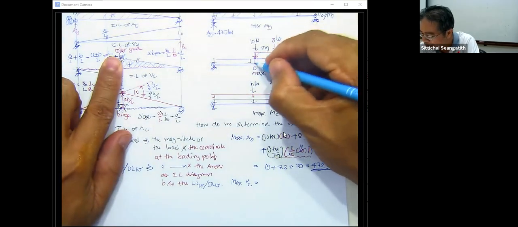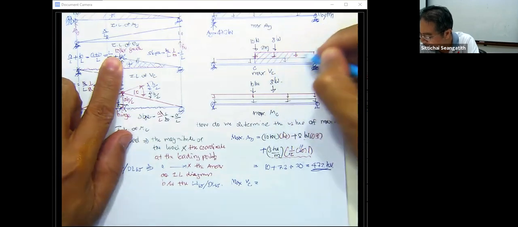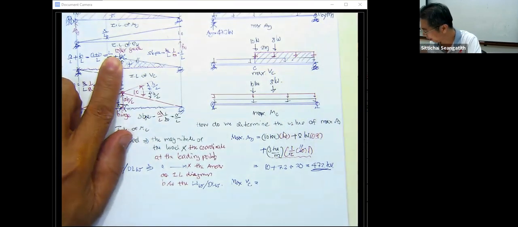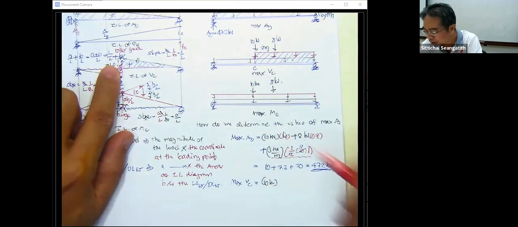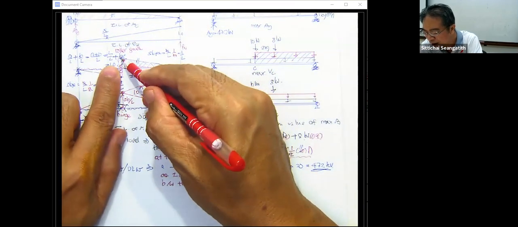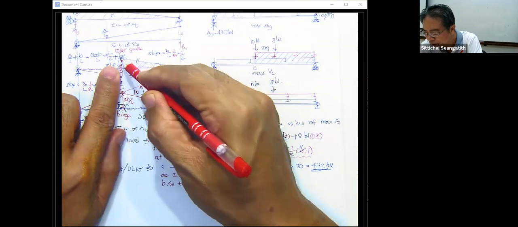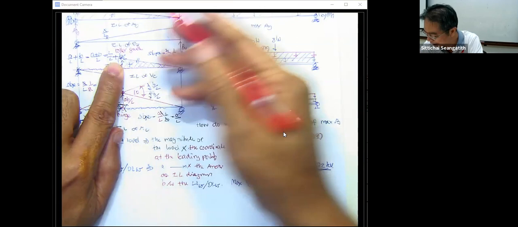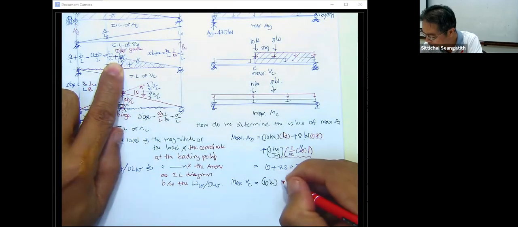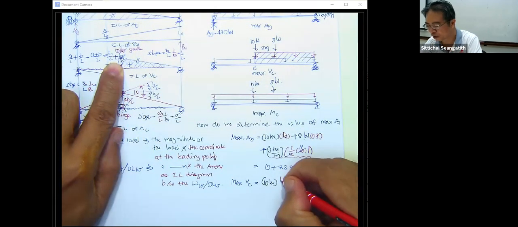Let's say what we have for the positive is here. And what is 10 kilonewton? That is 10 kilonewton times the coordinate here. That is going to be V over L, that is going to be 15 divided by 20.